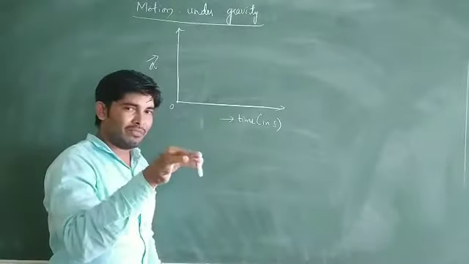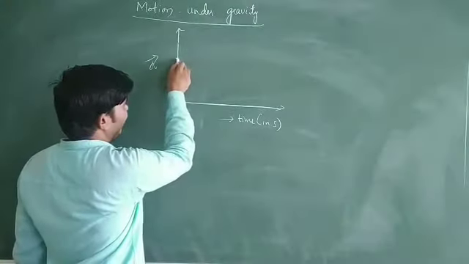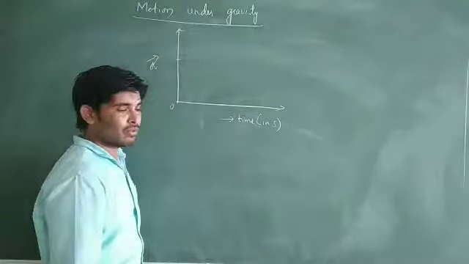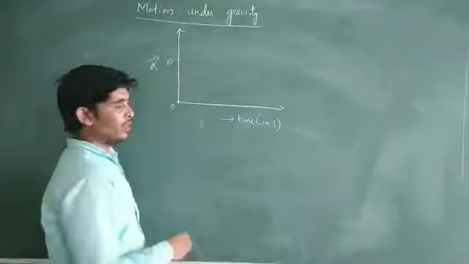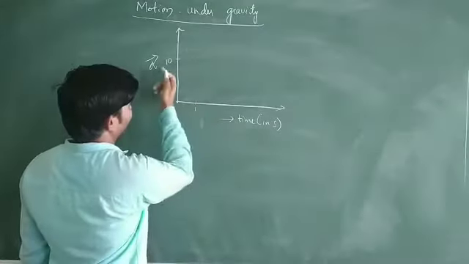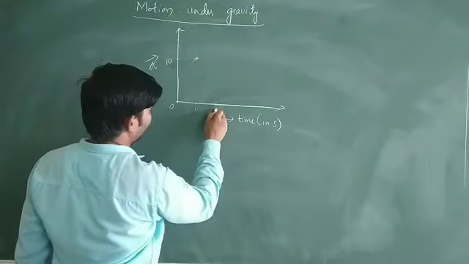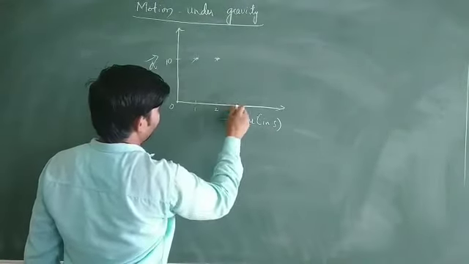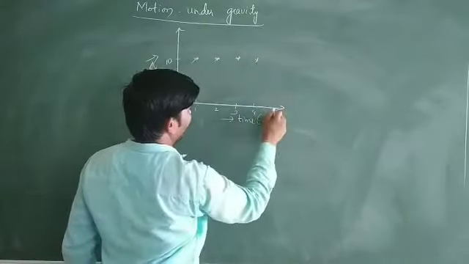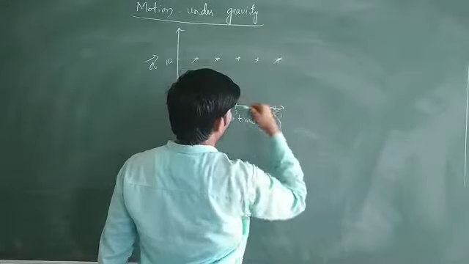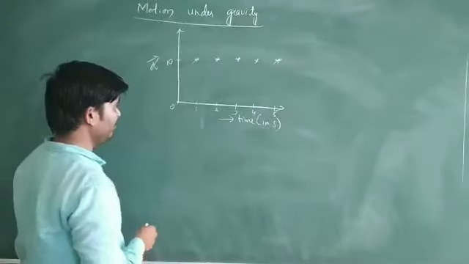Now a body is freely falling towards the surface due to gravity. So its acceleration is uniform. What is the acceleration here? That is 10 meter per second square. After 1 second, the acceleration is the same, after 2 seconds it will be the same, and after 3, 4, and 5 seconds, the acceleration stays the same.